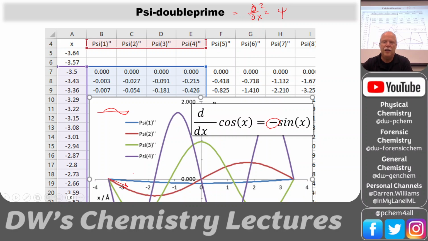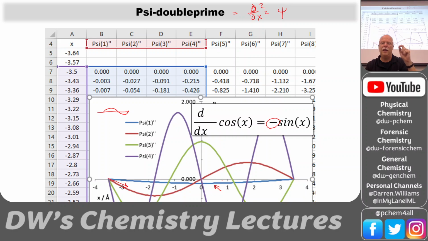Okay. Now some constants have been coming out front when we do these, and the more curvy the function, the bigger the constants. And so look at this, the least curvy function, this one right here, and this is some of your discussion questions that I'm talking about now, that the energy is related to the curvature of the function.